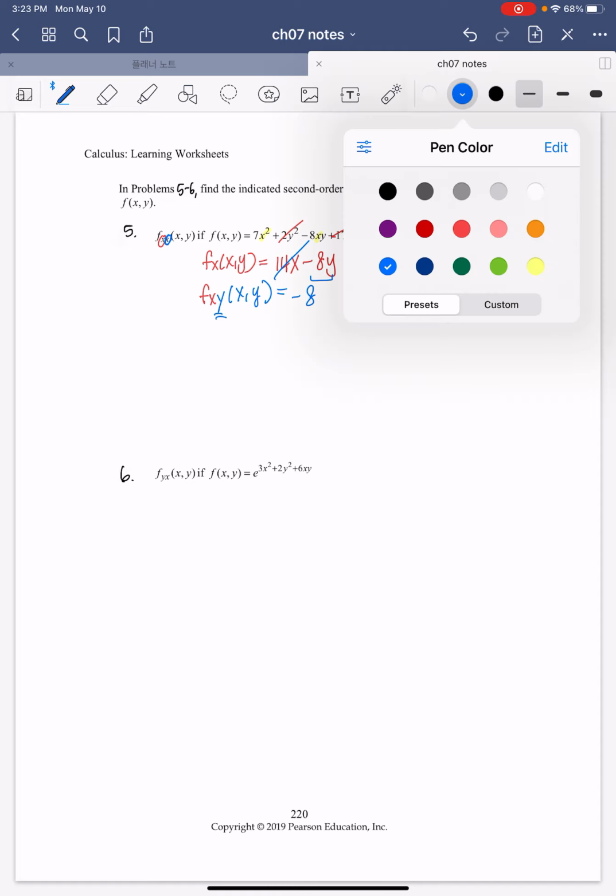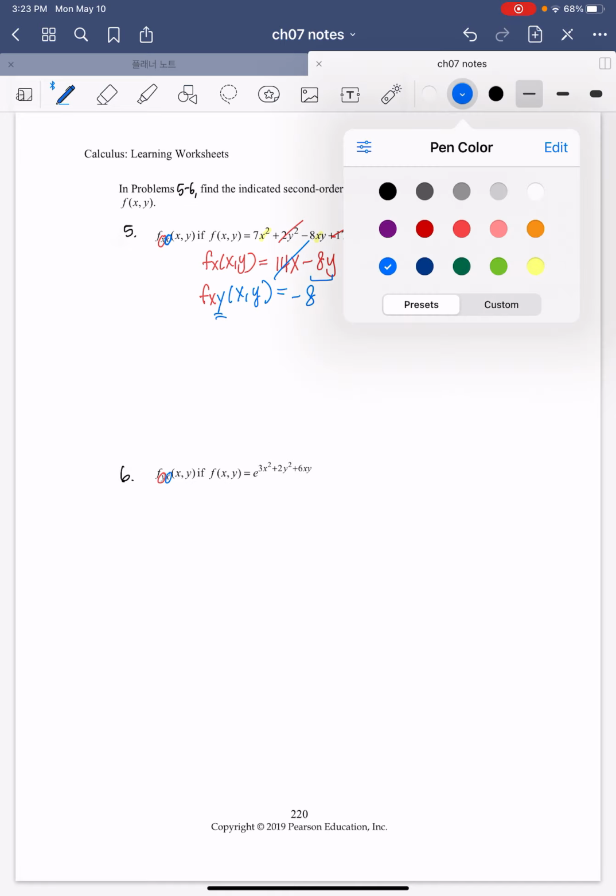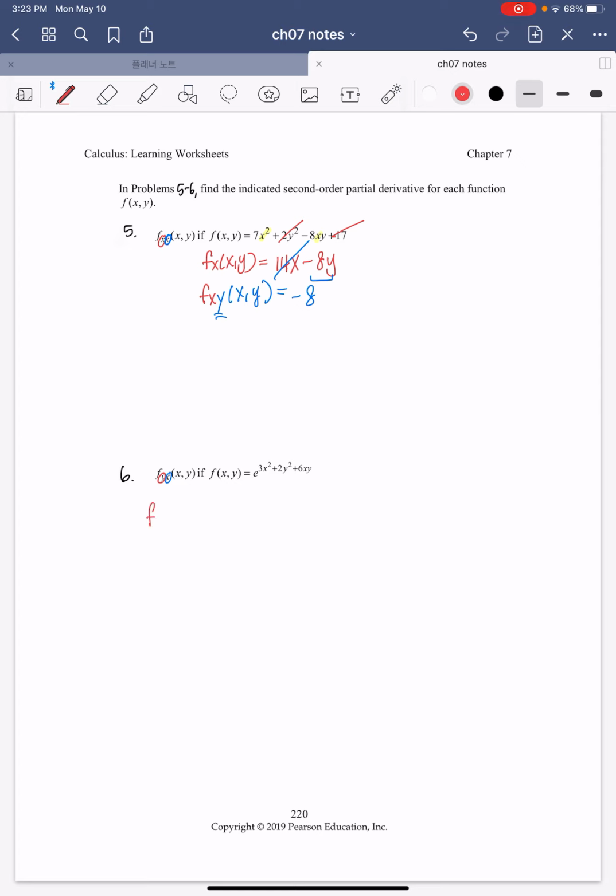So first one on number 6, y first, and then the second derivative will take x. Okay, so this time let's start with the y. F sub y of x comma y will be, this time y is your variable, x is the constant. Let's recall, derivative of e to the u is e to the u du.